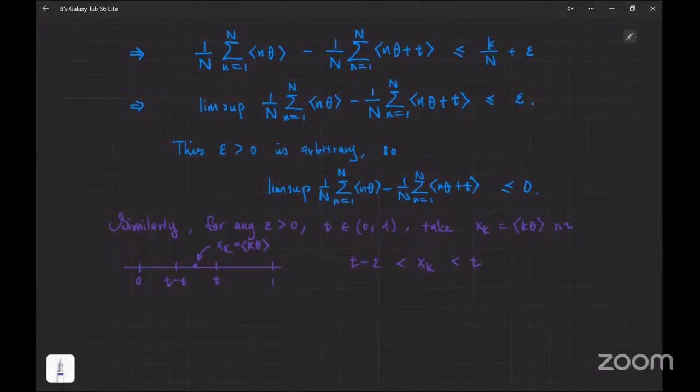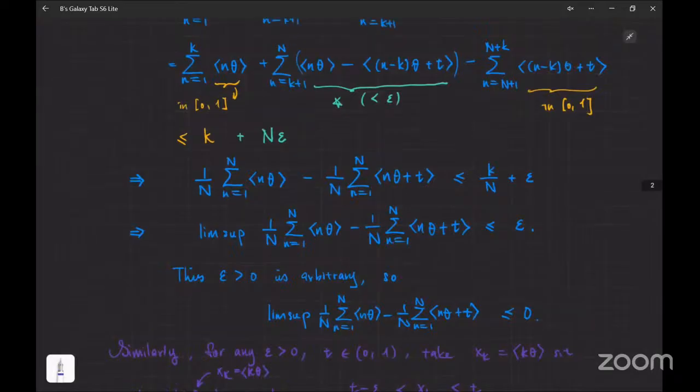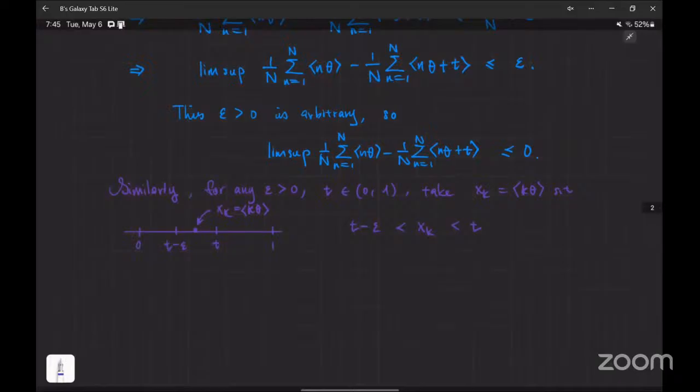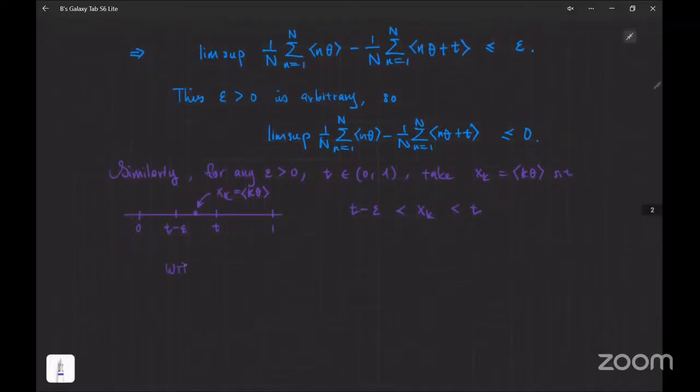For the distance between, now we want to bound things above. That's right.